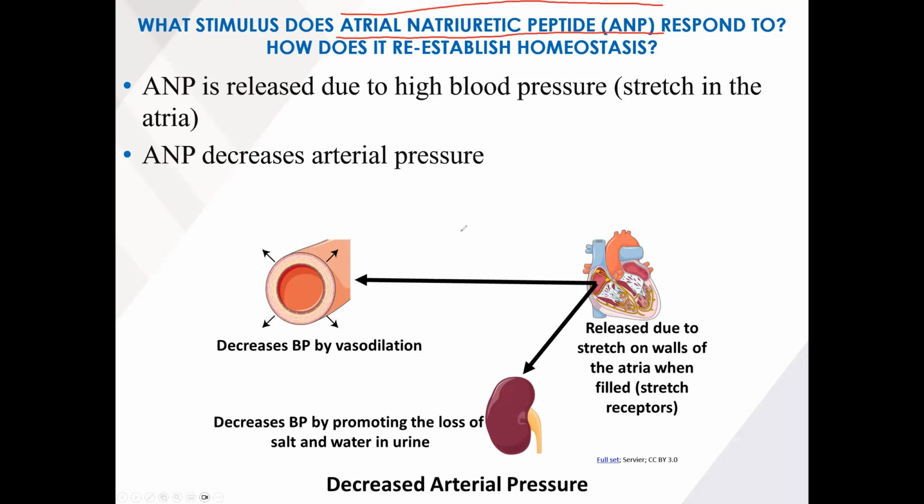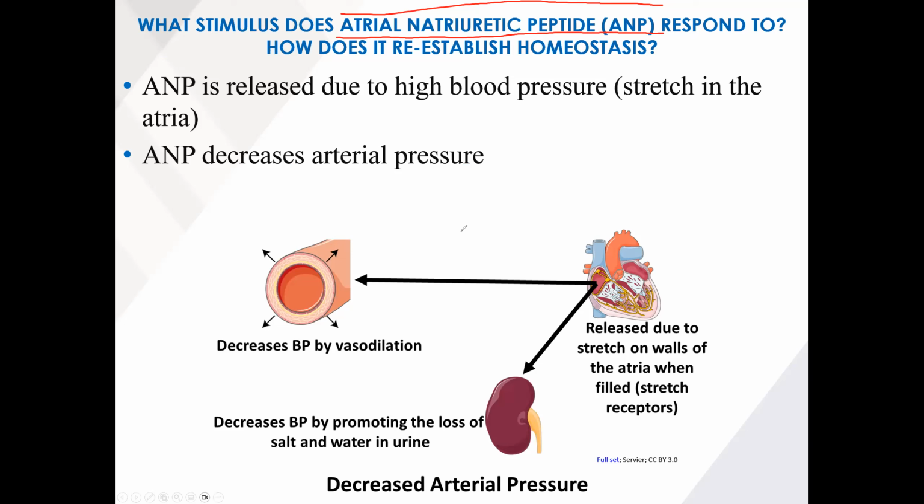So let's put all three of these hormones together real quick. We have angiotensin 2, we have AVP, ADH, and we have atrial natriuretic peptide. Let's make sure we know what all three of these do. What do we say angiotensin 2 does to blood pressure? It increases it, right?